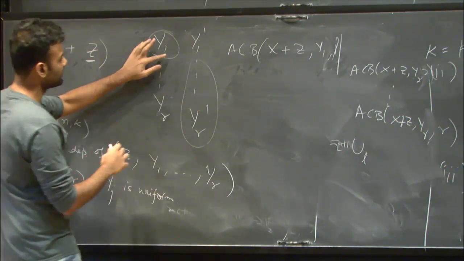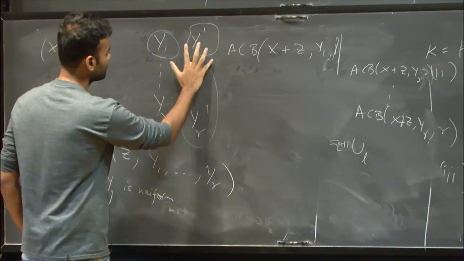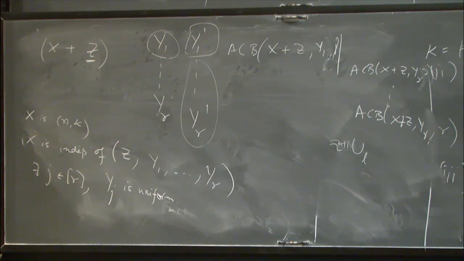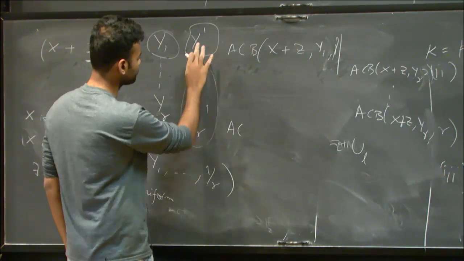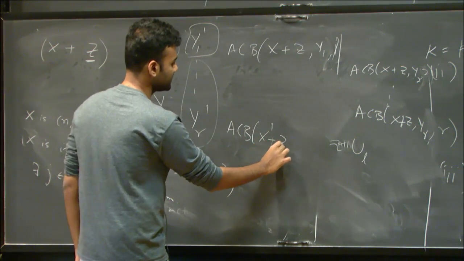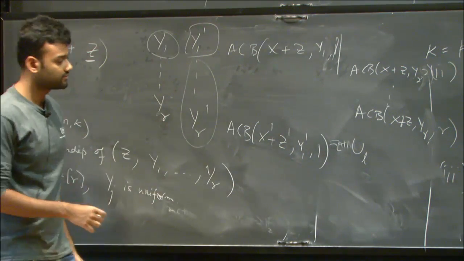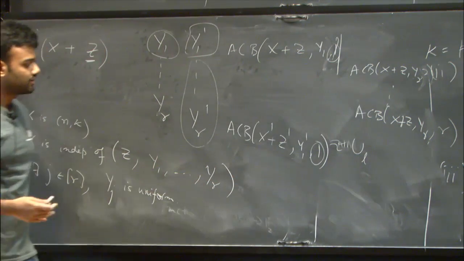But the corresponding random variable is not uniform conditioned on this, because it gets the same advice. So from here, what do we derive? It's ACB of x prime plus z prime, y1 prime, and 1. So the advice is the same for both of these.